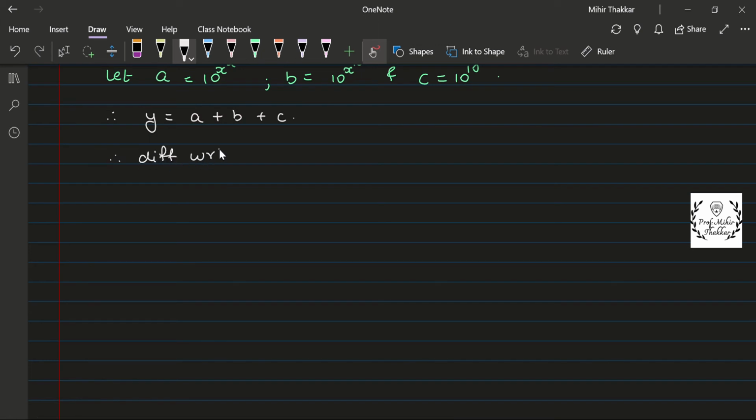And therefore when we differentiate this with respect to x, dy by dx is equal to dA by dx plus dB by dx plus dC by dx.